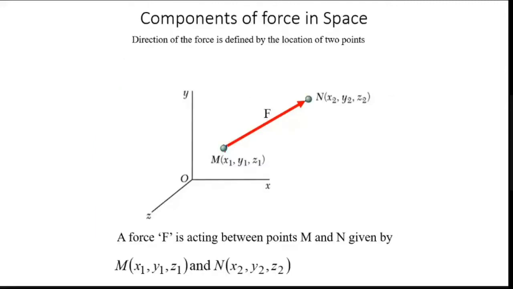We consider that you have a vector. There are two points on a force: one is m, which is x1, y1, z1, and the other is n, which is x2, y2, z2. These are the two points connecting the force. If I want to identify its angle or its vector value, the first thing is to find its direction, or concentrate on the unit vector from m to n.